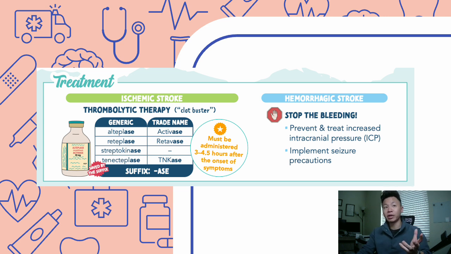Those are your thrombolytics. We also know it in the clinical setting as TPA. Very important to note that we must administer TPA within 3 to 4.5 hours of when the symptoms started. So if you note down your symptoms at 9 a.m., we have until 10, 11, 12, or up until 1:30, right? That 4.5 hours, that is our key there.